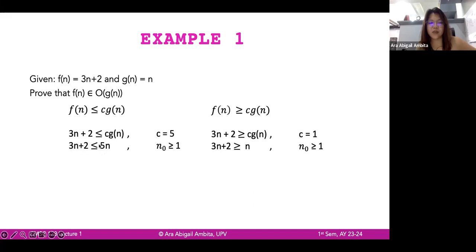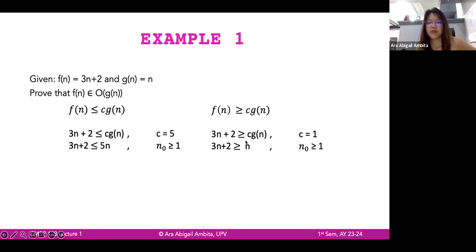And when is this true? For what value of n naught? This will be true if n is equal to 1. And even if we replace it with 2, 3 or 4, this will always be true. So what about this one? The f of n should be greater than or equal to c g of n.